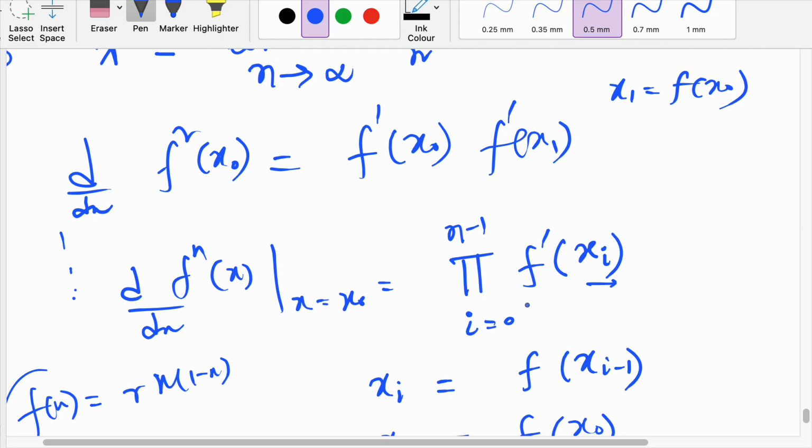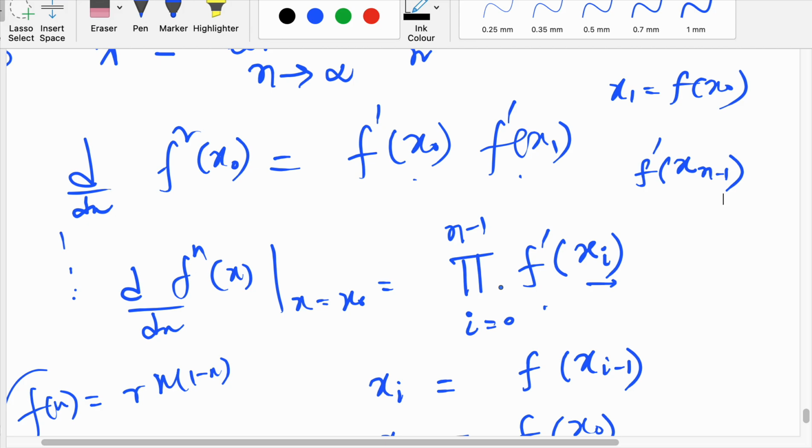Here f square means 2 multiplications, and similarly there will be n multiplications: first f prime x0, then f prime x1, then x2, x3, x4, and up to f prime x n minus 1.